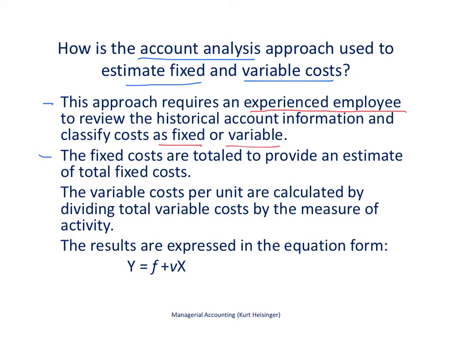The fixed costs are basically totaled to provide an estimate of our total fixed cost. We'll give you an example here in just a minute. And the variable costs per unit are calculated by dividing whatever our total variable costs are by the measure of activity. And the result will be expressed using the equation that we just talked about, y equals f plus vx.